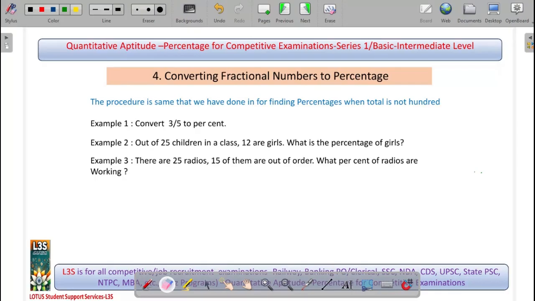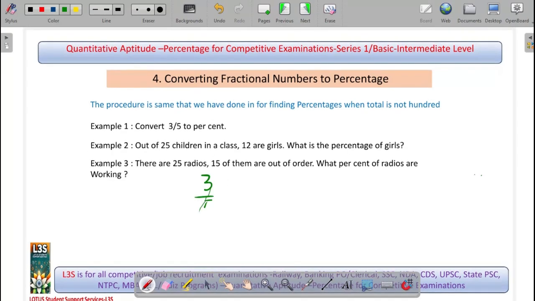So same thing we'll do, a few practices here. First one, convert 3 by 5 to percent. I'll show you how we'll do. 3 by 5 we will write in percentage.